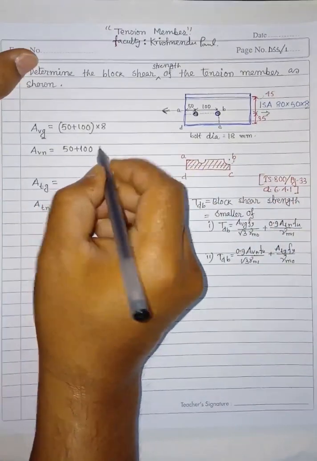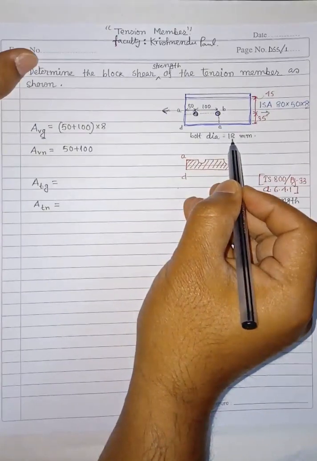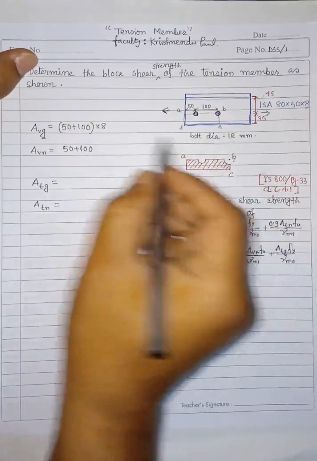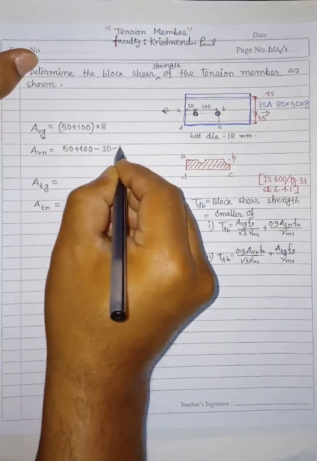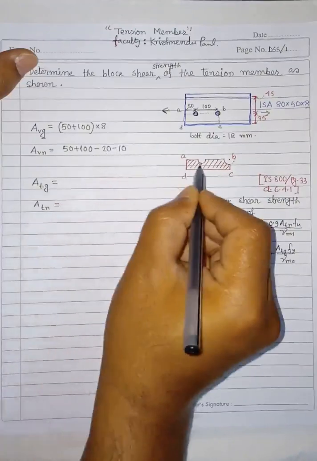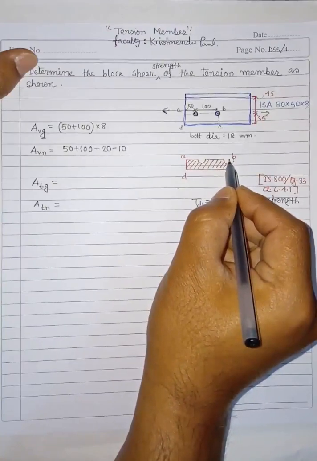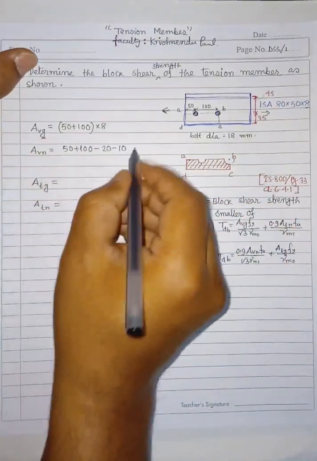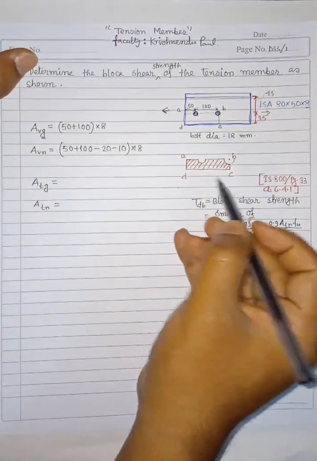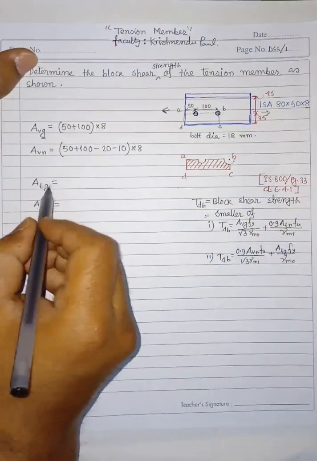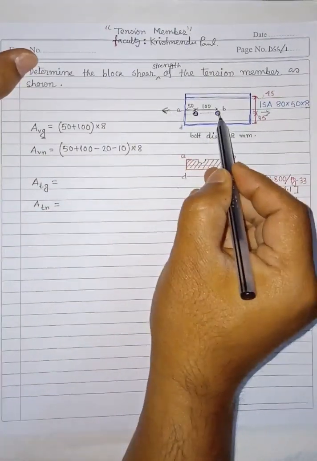Here the bolt dia is equal to 18, so the hole will be 20 millimeter. So you should deduct 20 minus 10. This is for this hole, and this half hole diameter is for this one. Okay, I hope you can understand. Into 8.